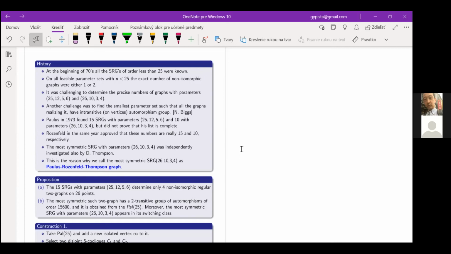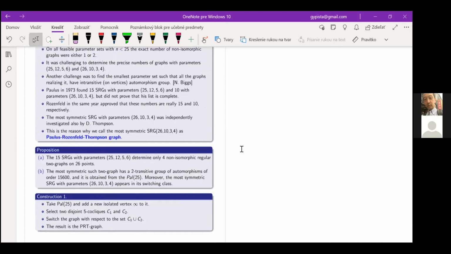That's the reason why we now call this graph the Paulus-Rosenfeld-Thompson graph, because each of these three people had some input to this graph. That graph has 120 automorphisms, and the automorphism group is isomorphic to the alternating group of degree 5 Cartesian product with Z2.